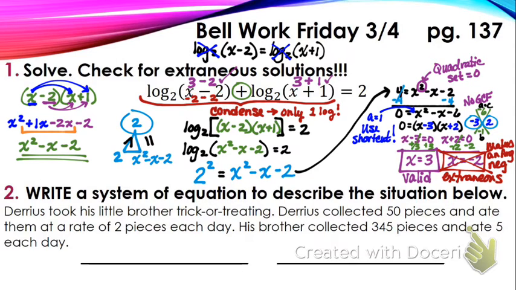So thinking about it like that, yes, we're getting rid of the log. But back in this step right here, I can't just get rid of that idea and then move forward. No, I know, but I'm saying you put the 2 on both sides, so it cancels.